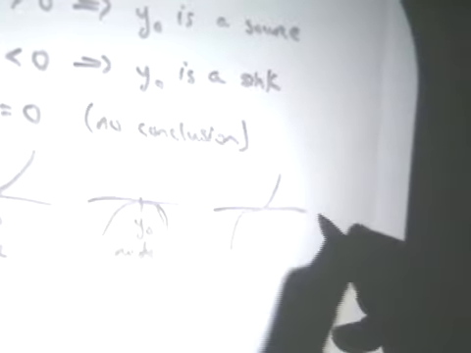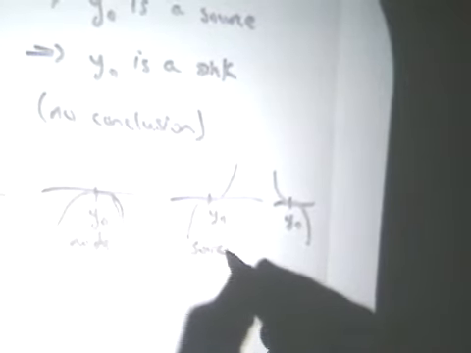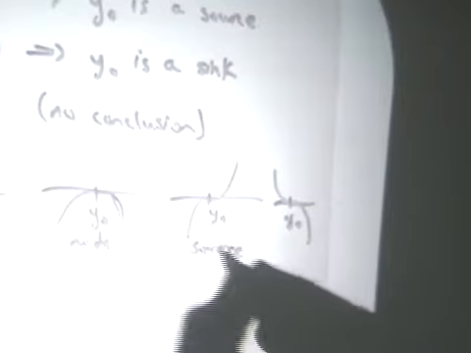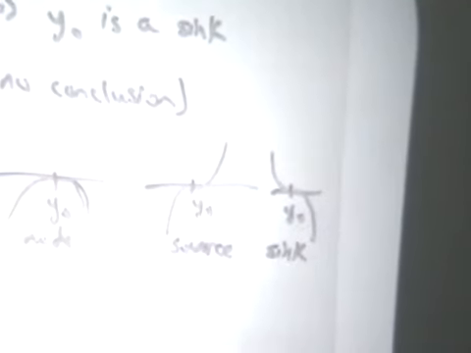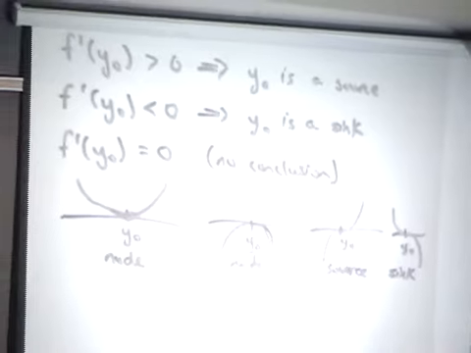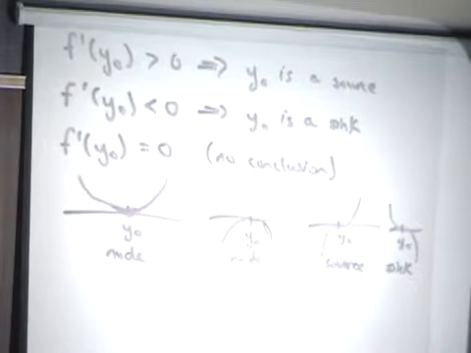It could look like a cubic at y0, and in those cases, this one would give you a source if you drew the phase line, and this one would give you a sink. Just think about how the sign of the right-hand side changes to see that. So the linearization theorem gives you no conclusion, but you can still reach a conclusion if you draw the graph of the right-hand side f of y.